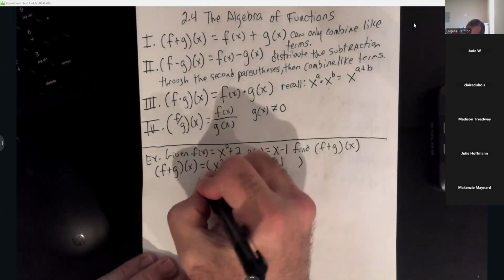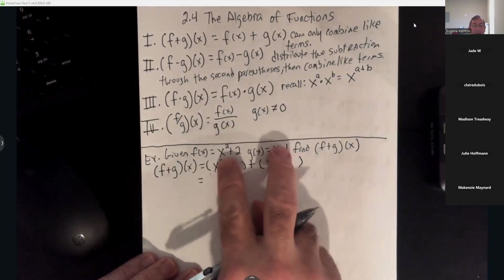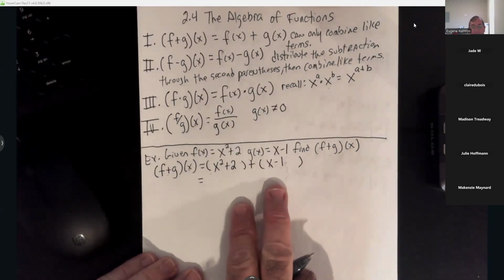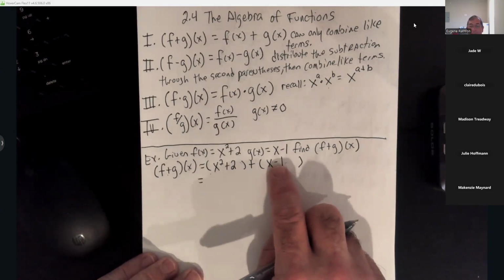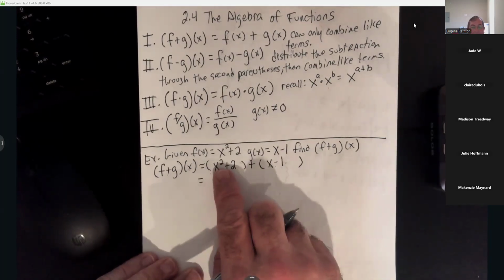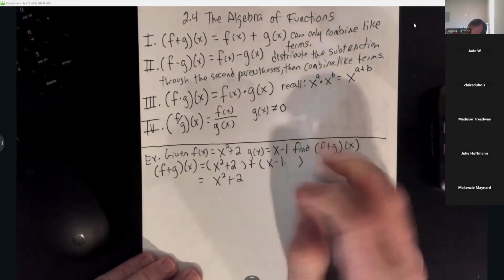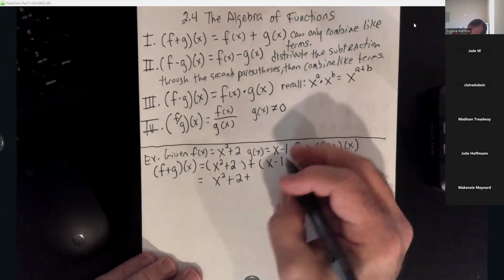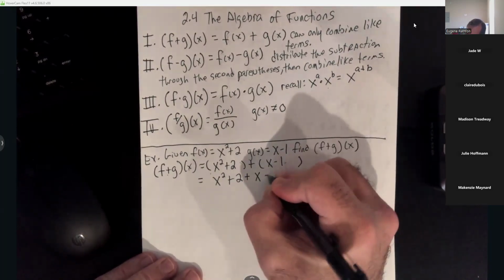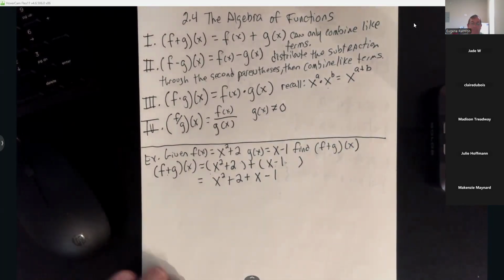So what's going to happen here, since you're adding, you can drop the parentheses and everything will stay the same. So I get an x squared plus 2, and then that's going to be plus my x, and then minus my 1.